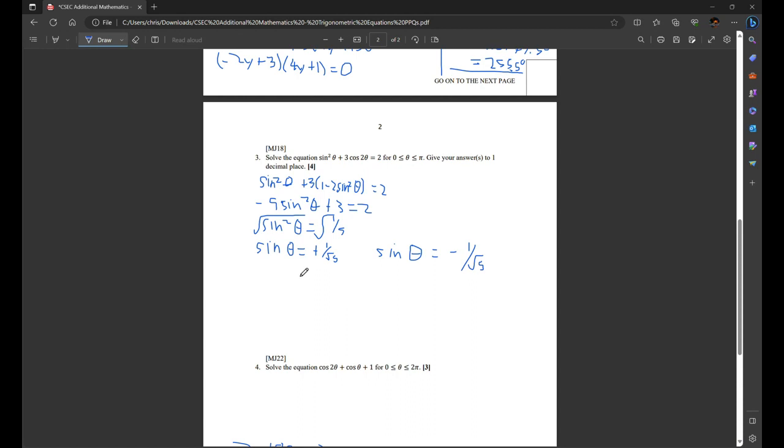Okay, so now it's just the same thing. We're just going to say sine theta is equal to sine inverse of 1 over root 5.